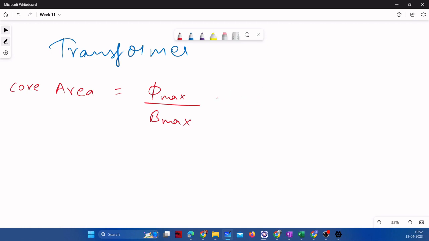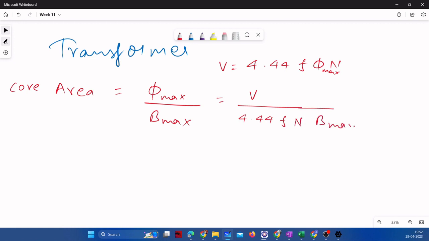So here we will try to relate, and as we know, V is nothing but 4.44 into F phi N. So here phi max is, now we will plug in this value. So phi max will be V divided by 4.44 F into N, and Bmax was already there.